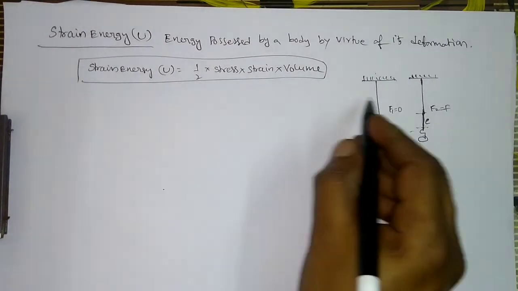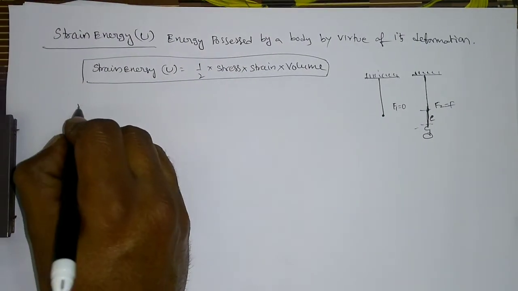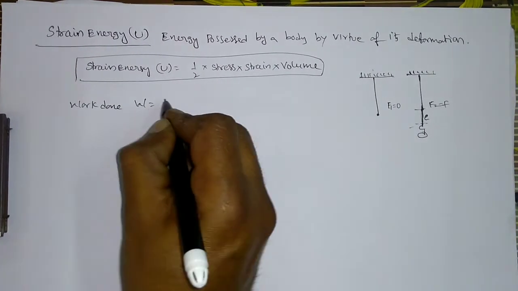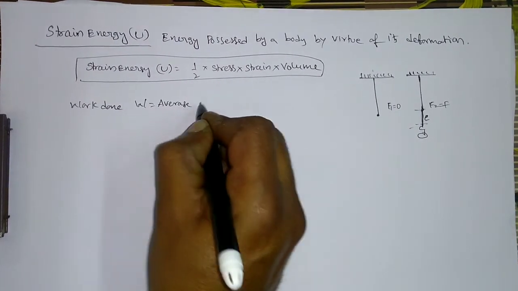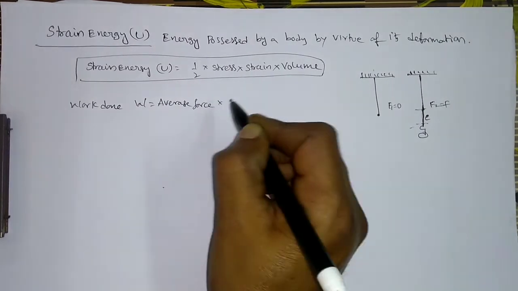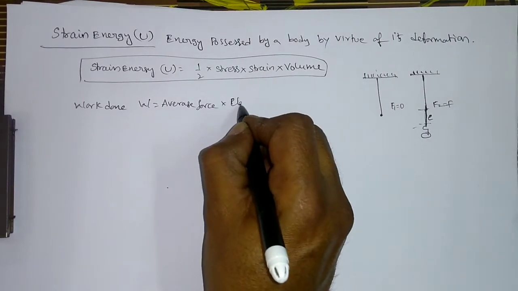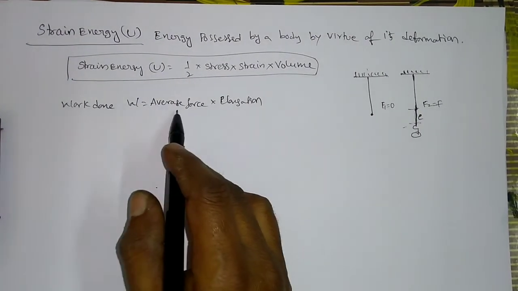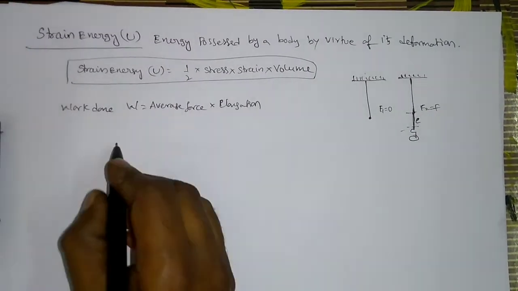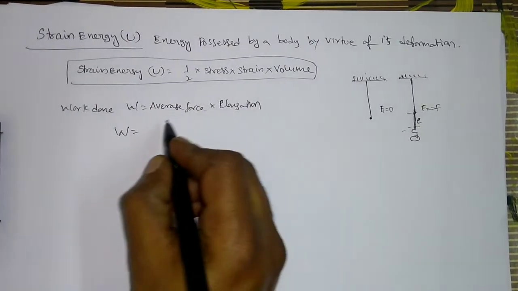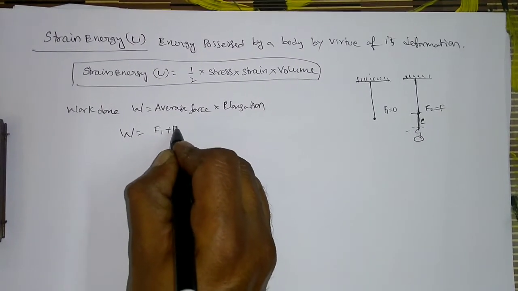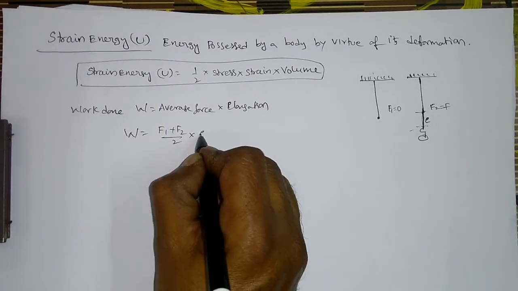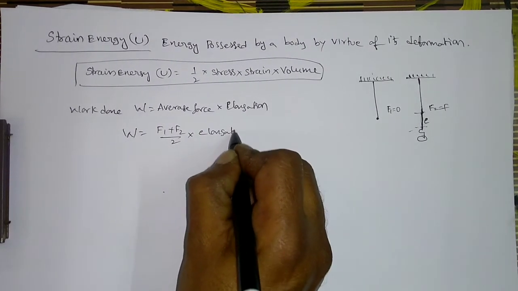During elongation, work done is equal to average force into displacement, that is, elongation. So you can write W is equal to average force, (F1 plus F2) by 2, into elongation e.